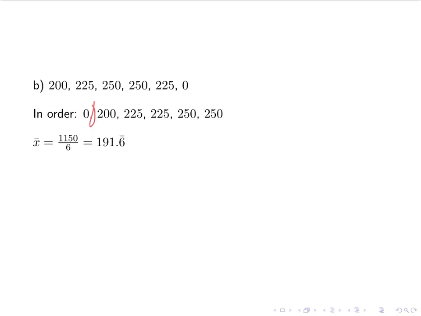But we have a problem with that first value of 0. 0 is very different from the other 5 values. It's a lot less than the next value, 200, and that's what we call an outlier. And what we're going to see in a minute is that outliers vastly skew the mean.